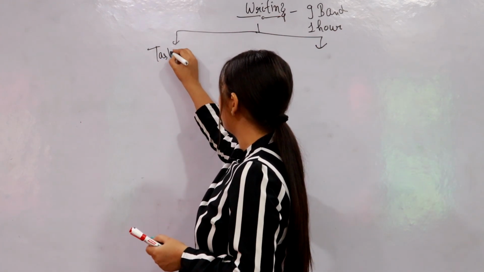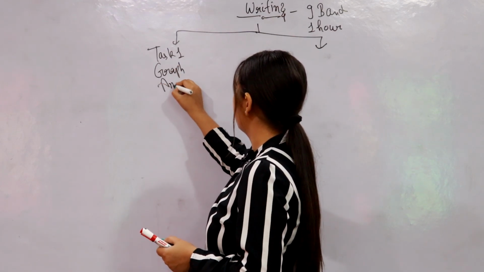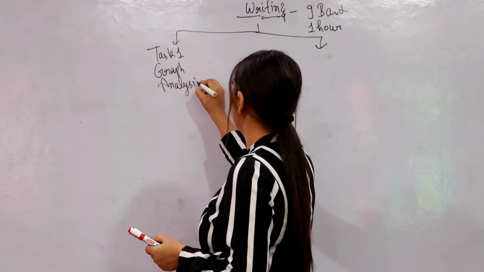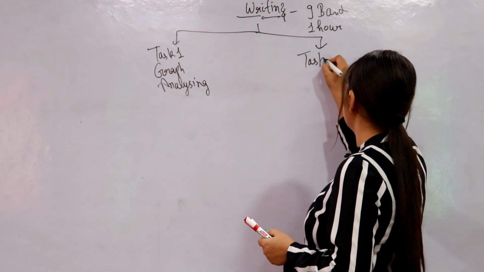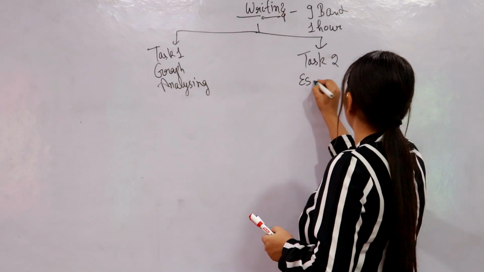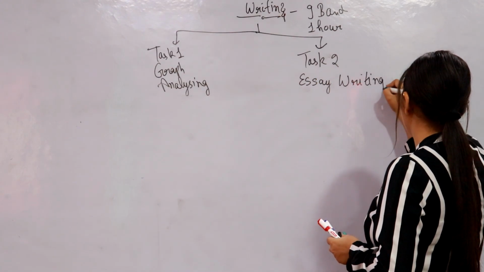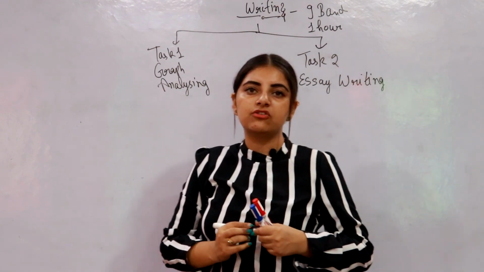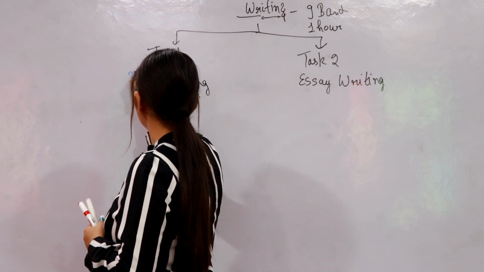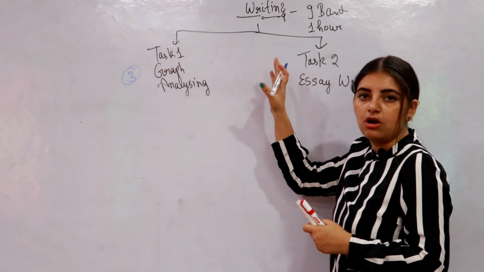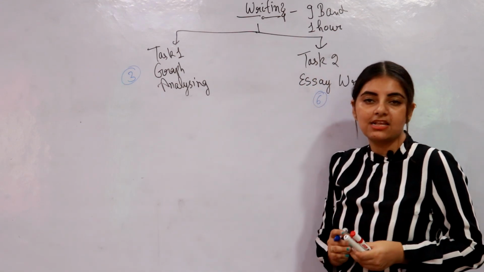Task 1 of the writing module is graph analyzing, and task 2 of writing module is essay writing. If I talk about the weightage of these 2 tasks, task 1 has the weightage of 3 band score from total of 9 band score, and then task 2 has the weightage of 6 band score.